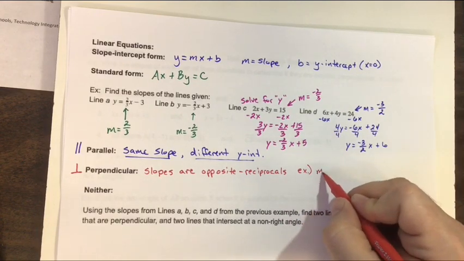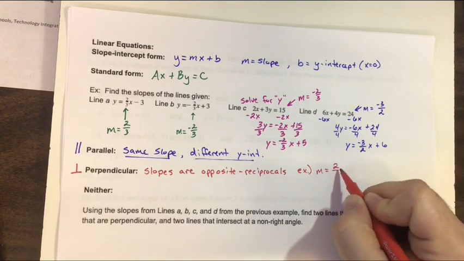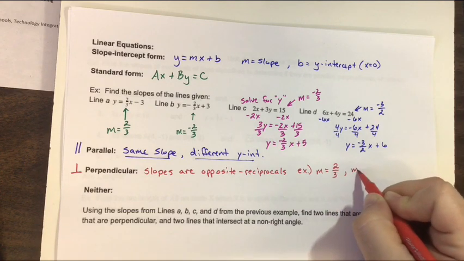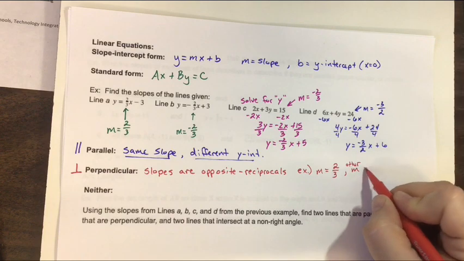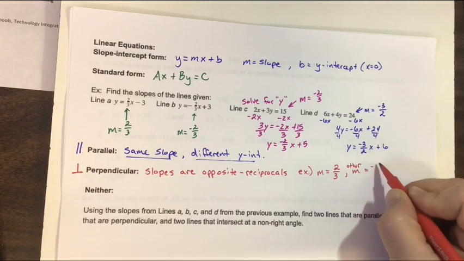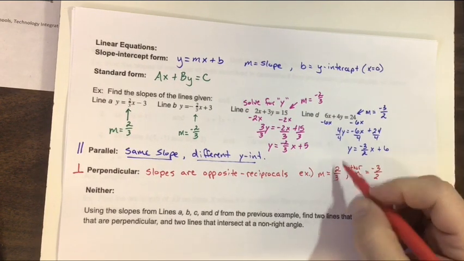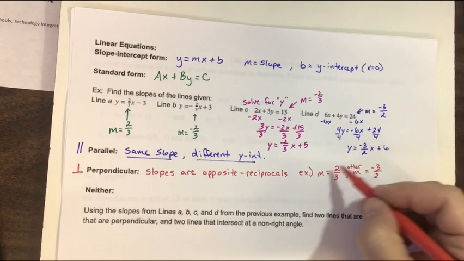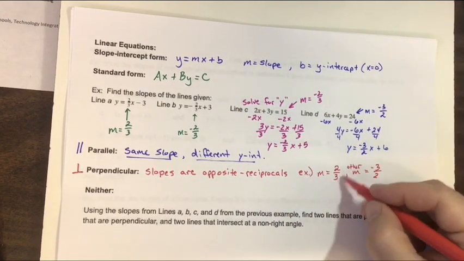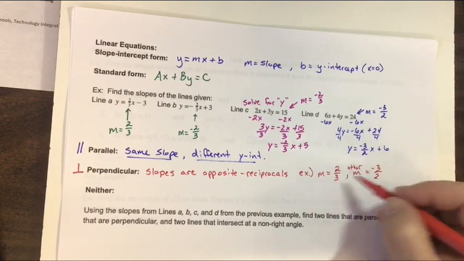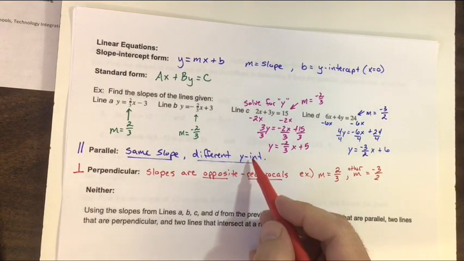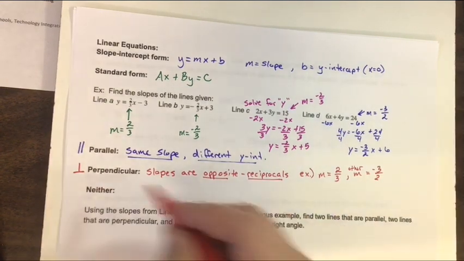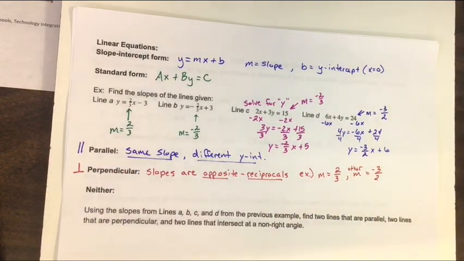Okay, if one slope equals 2/3, the other slope would equal negative 3 over 2. Opposite, we go from positive to negative or negative to positive. Reciprocal means we flip the fraction. So these are opposite reciprocals. And it really doesn't matter what their y-intercepts are. If they have opposite reciprocal slopes, we know they are perpendicular.